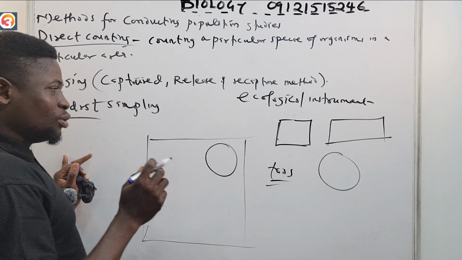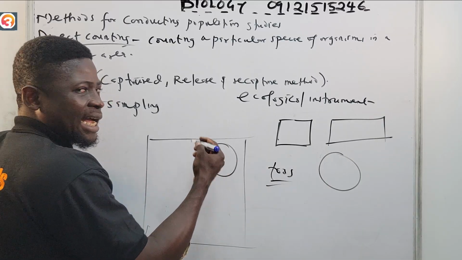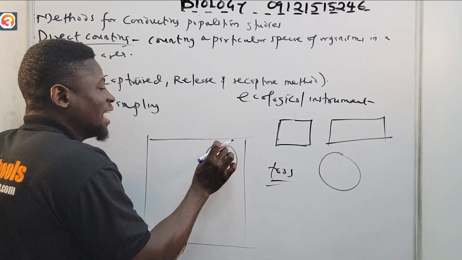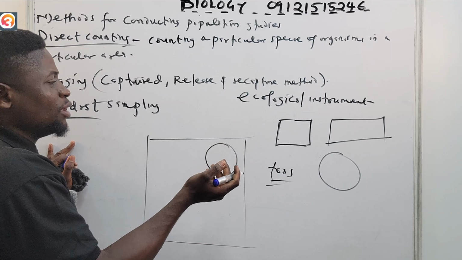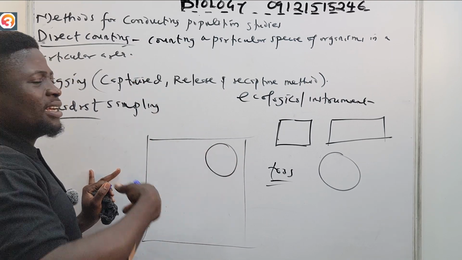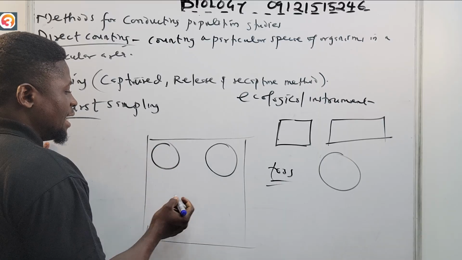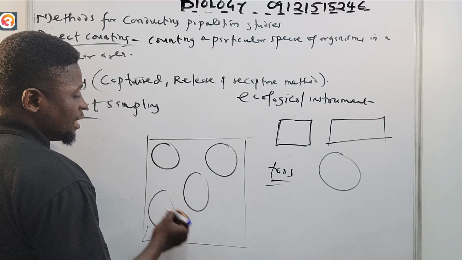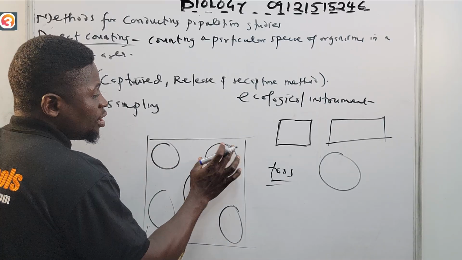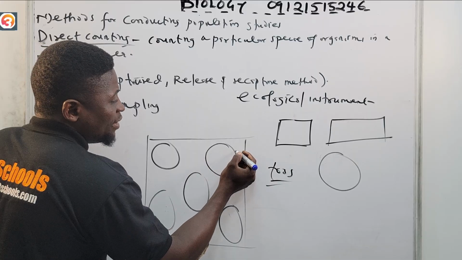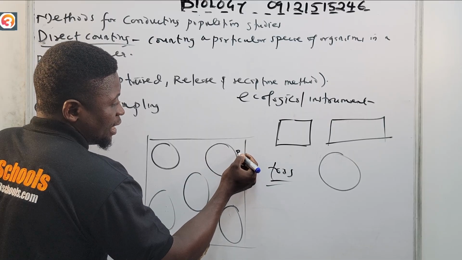Then what you do is take a count of the number of organisms that fell in this quadrat. You can do this many times. You can take many samples. You can throw it and re-throw it, toss it again here, toss it again here. If you toss it here, for example, let's say you have an organism here, an organism here.